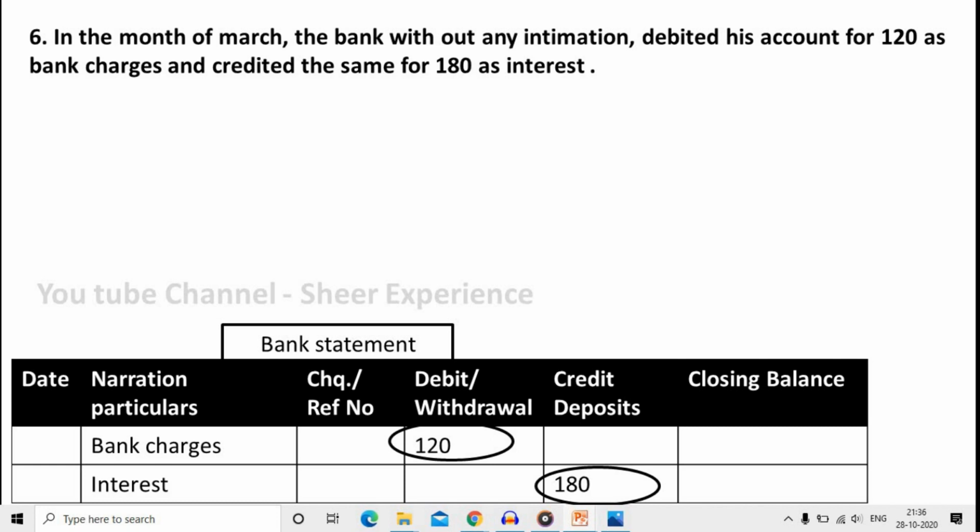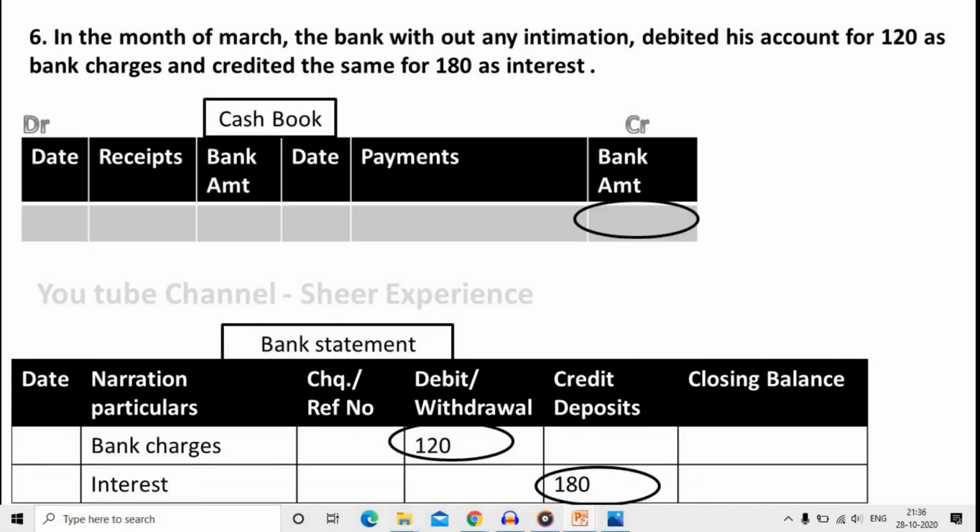Since we are not aware about these transactions, we did not record any entry in our cash book. So 120, that is debit charges, decrease passbook balance, and credit amount, that is 180, increase passbook balance. So when I am preparing bank reconciliation statement as per cash book overdraft balance, I refer or check to passbook balances.